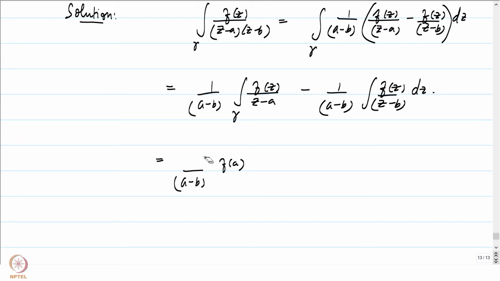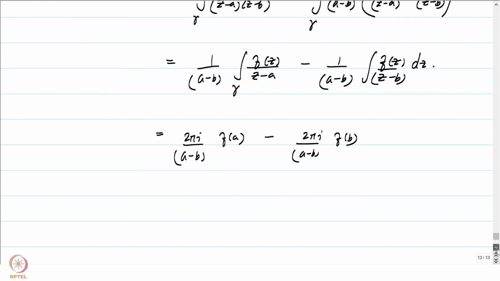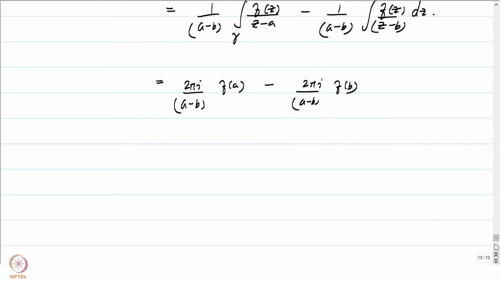So there is a 2 pi i that will feature in 2 pi i by (a minus b) times f of a, minus 2 pi i by (a minus b) times f of b, just by a very similar argument around b. Notice that capital R is greater than mod a and mod b both. This is 2 pi i times (f of a minus f of b) by (a minus b). So Cauchy integral formula tells us exactly what I_R is going to be equal to.